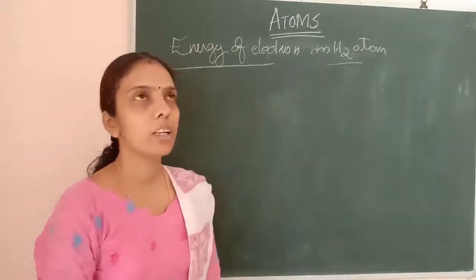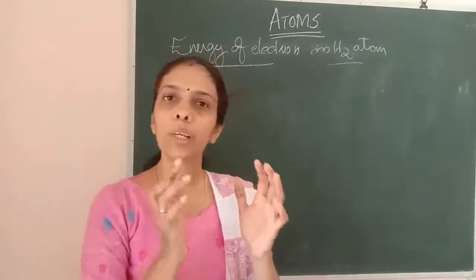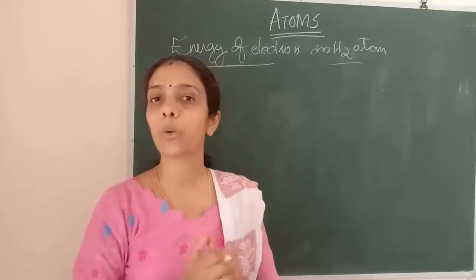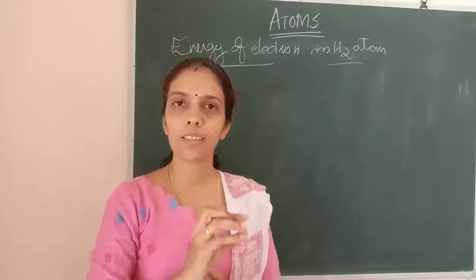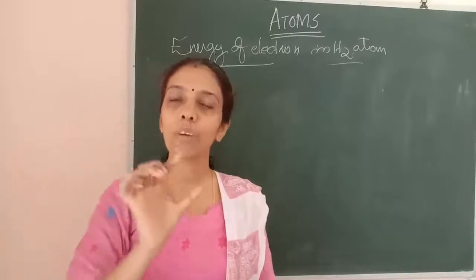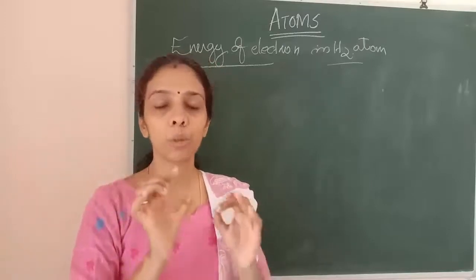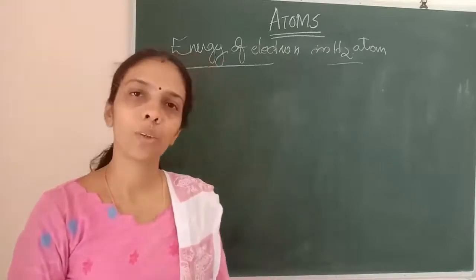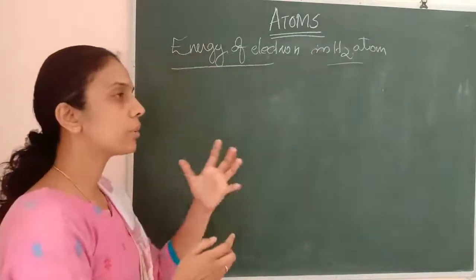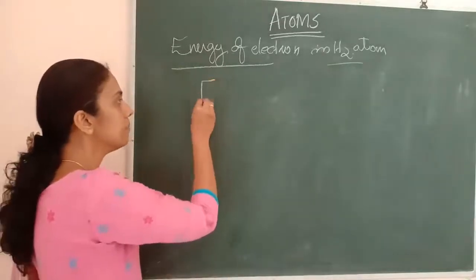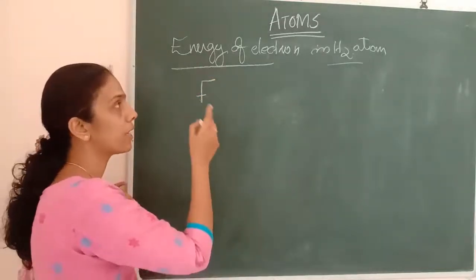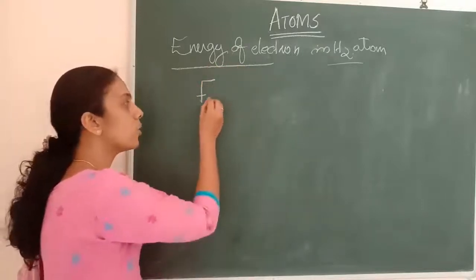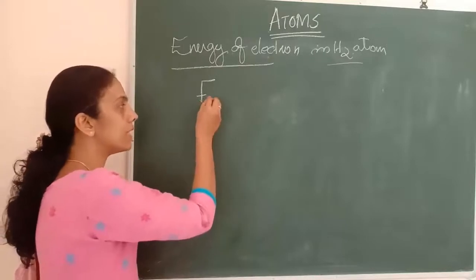Okay, in the Rutherford atom model we know the nucleus is at the center, which has positive charge, and the electrons will be surrounding it. So this positive charge is there and the electron is there. So there will be a force of attraction between the electron and the nucleus. This electrostatic force of attraction is represented as Fe.